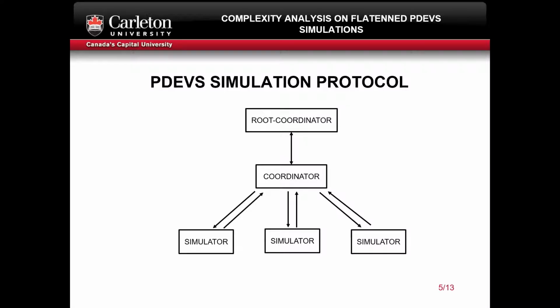Analyzing how this protocol works is the proposal of this work. We go very deeply into how many messages they exchange and how many computations they must perform to execute correct simulations. This is the main proposal of this work: to make this deep analysis to understand this protocol, to be able to implement it in real simulators, or in the future, to be able to improve it.